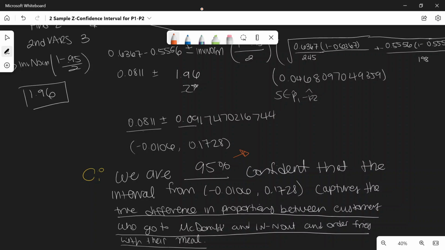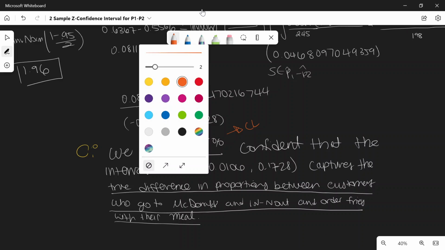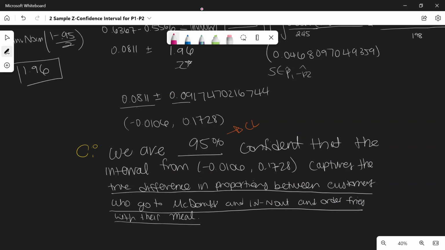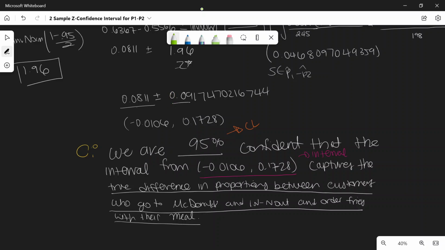So this is your confidence level, how confident you are. We are 95% confident that this interval, that's the second part, this is the interval you get from here. And then finally, you have the true difference in proportion, which is your parameter that you're trying to find. So this is your parameter.